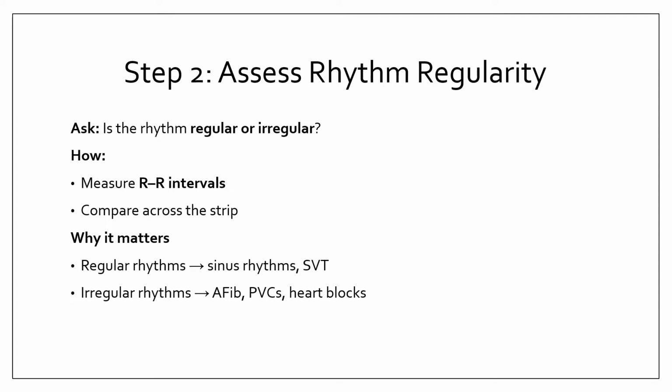We can also have an irregularly irregular pattern, so we have no predictable pattern, and this is really classic for atrial fibrillation. And then we have regular rhythms, which commonly include normal sinus rhythm, sinus tachycardia, sinus bradycardia, and supraventricular tachycardia. So these rhythms usually originate from a single consistent pacemaker.